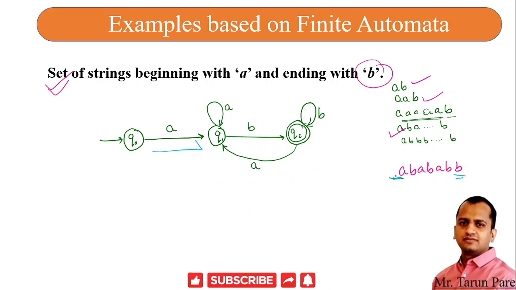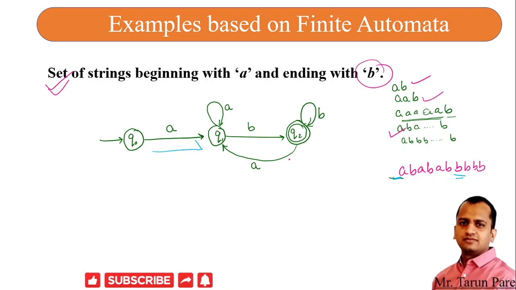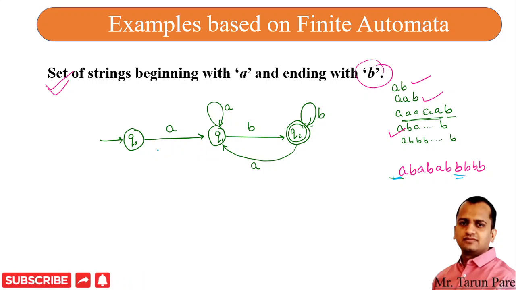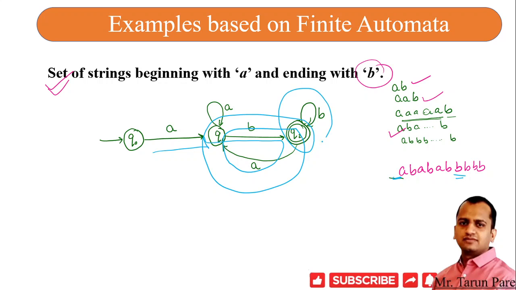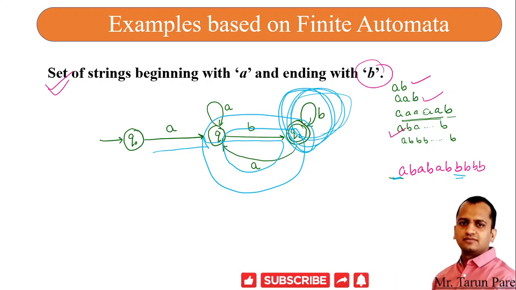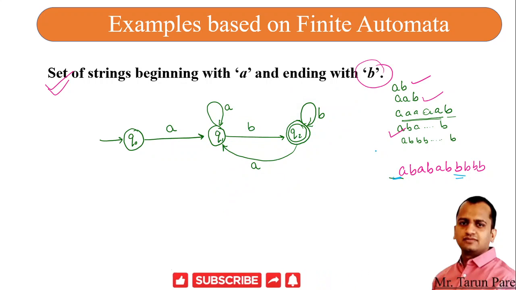If there are n number of b's, it will accept strings like a, b, a, b, a, b, then again b, b, as many b's as you want to print. So this final automata is accepting this string also.